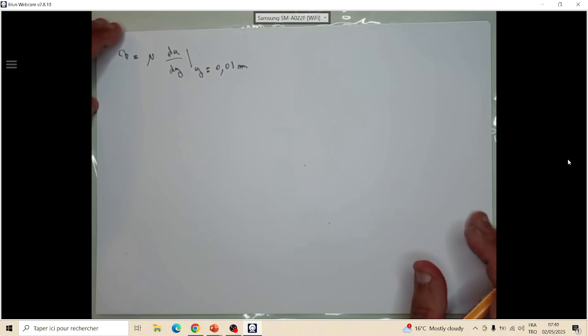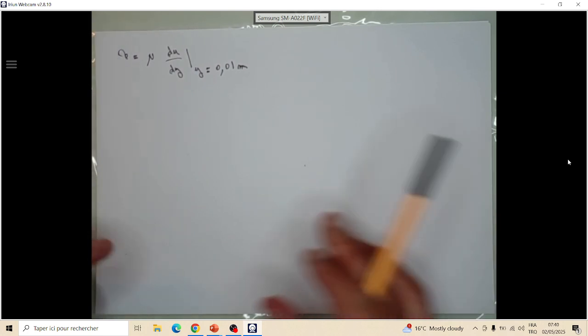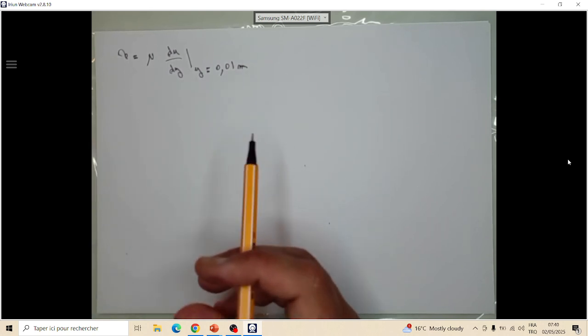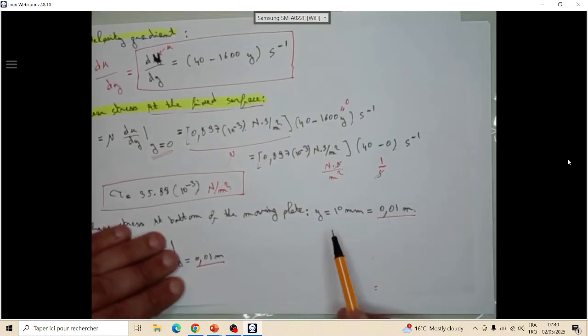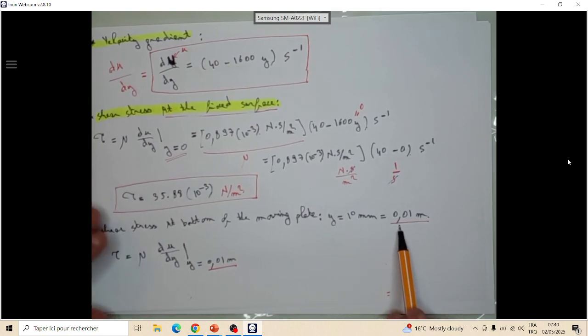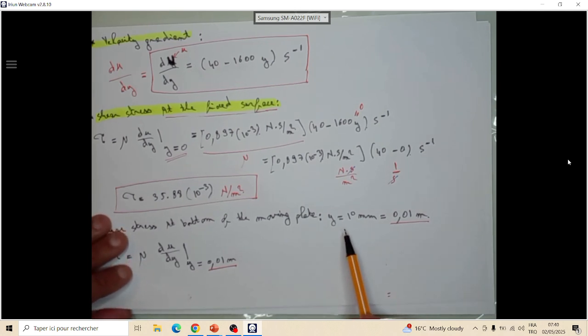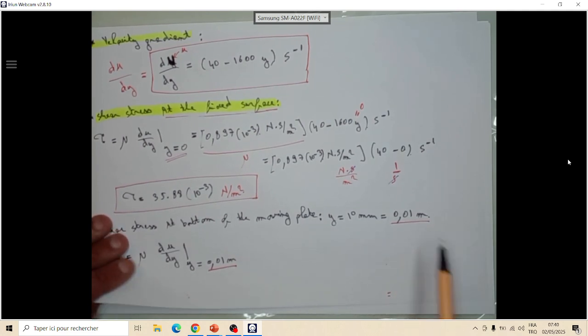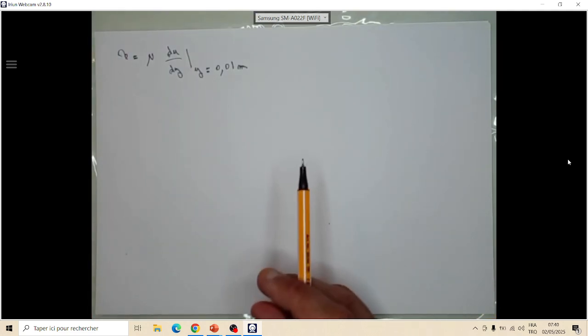Why 0.01? Because we are at the bottom of the moving plate, where y is equal to 10 millimeters, which is equal to 0.01 meter. Because of that we use 0.01 meter here.